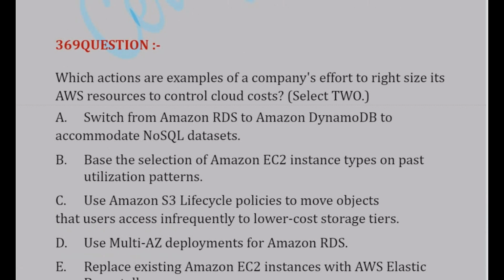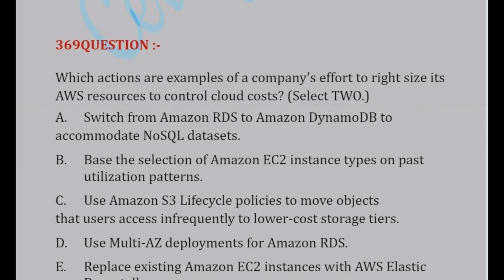Question is, which actions are examples of a company's effort to right-size its AWS resources to control cloud costs? Select two options. Option A, switch from Amazon RDS to Amazon DynamoDB to accommodate NoSQL datasets. Option B, base the selection of Amazon EC2 instance types on past utilization patterns.